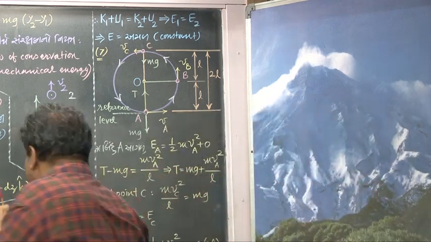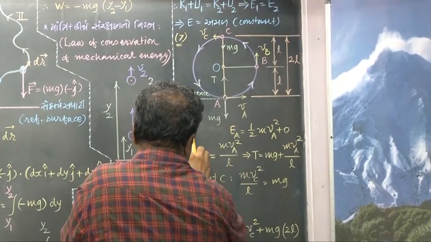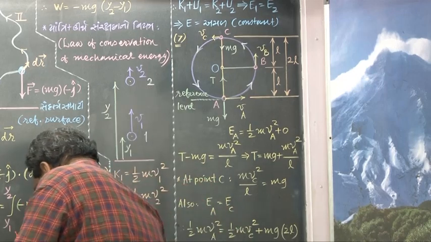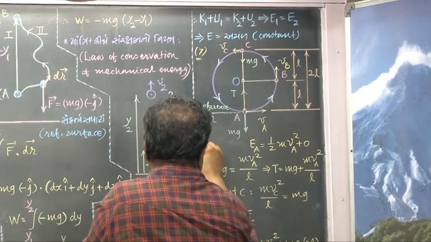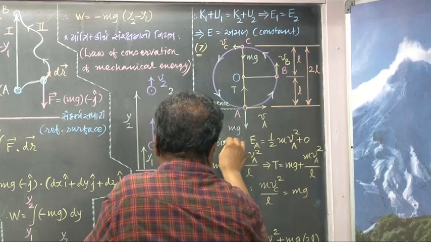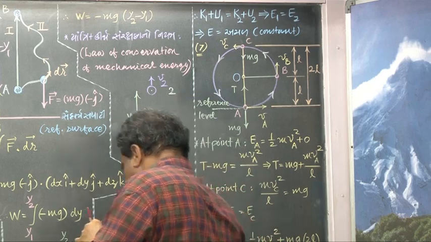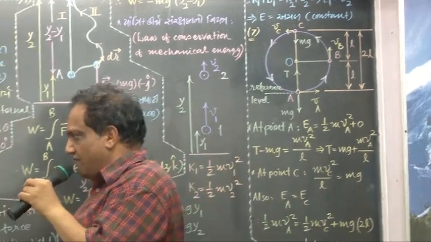What is the potential energy at point A? It is 0. Why? What is the formula of gravitational potential energy?